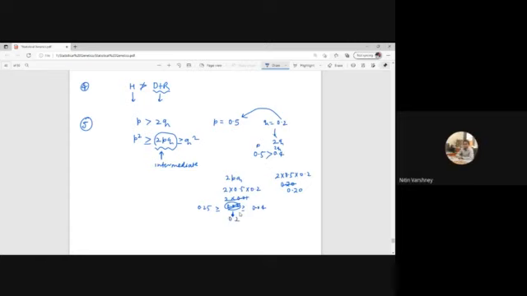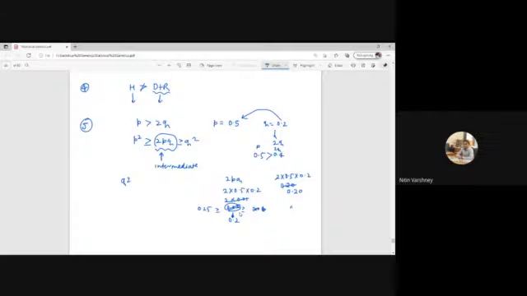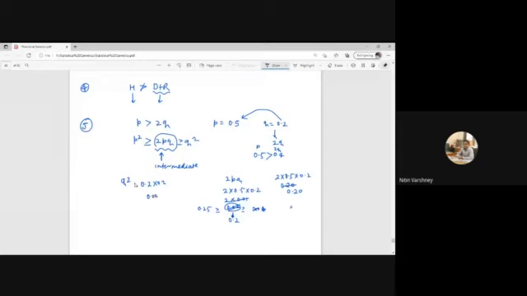And Q square, Q is 0.2, into 0.2, that is 0.04. Yes. So this will be intermediate of this.